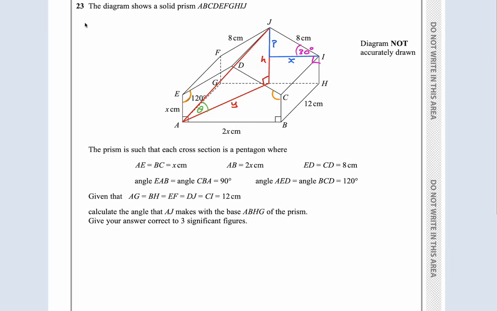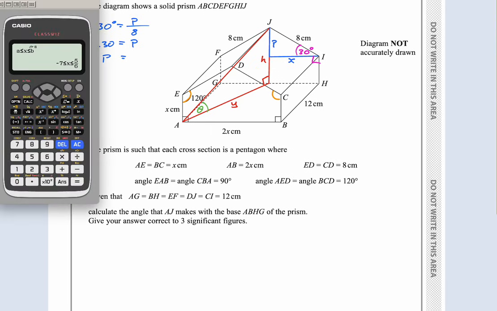Let's do that up here. I'm going to do P first. The sine of 30 degrees is equal to opposite, which is P, over 8. So P is equal to 8 sine 30. Let's do it here.